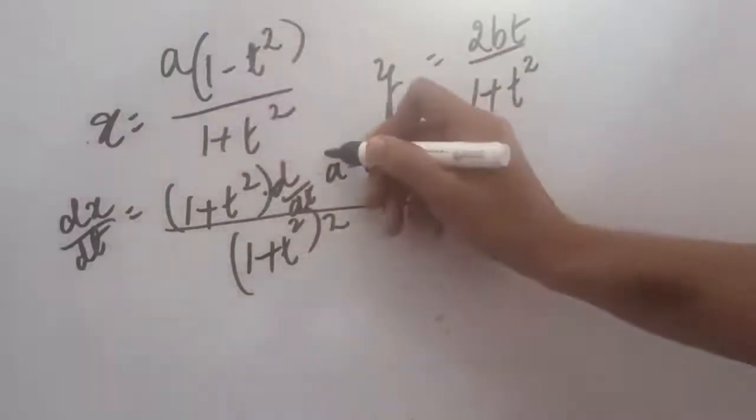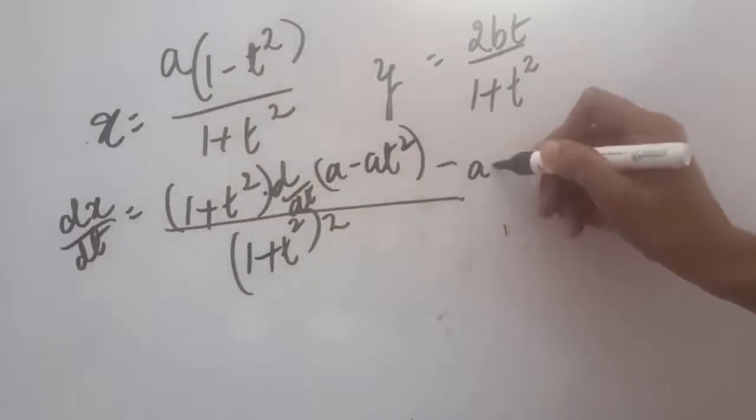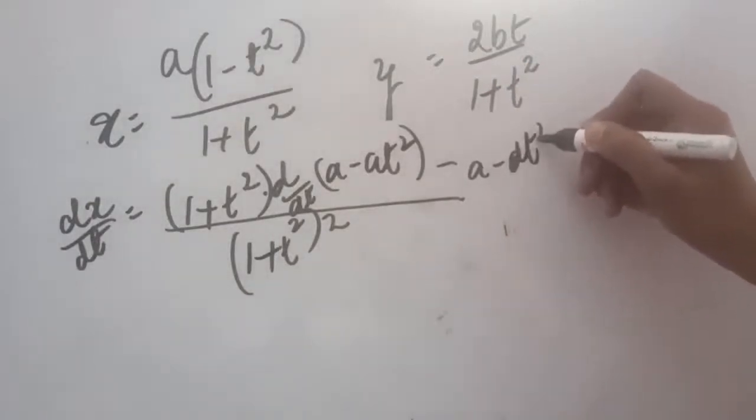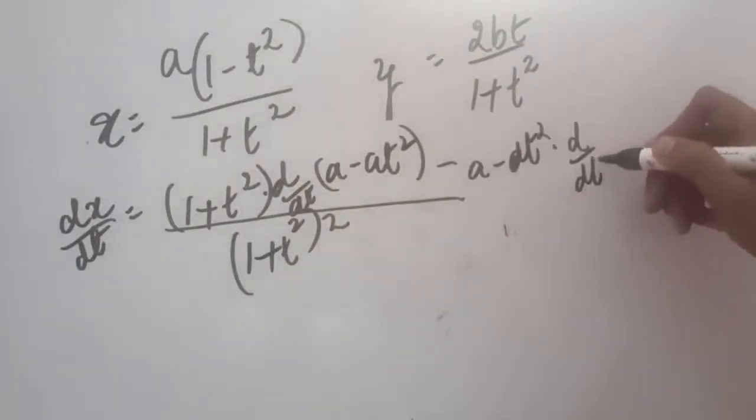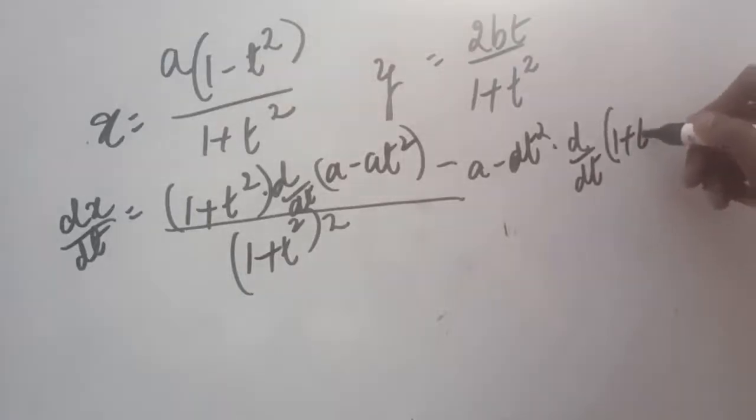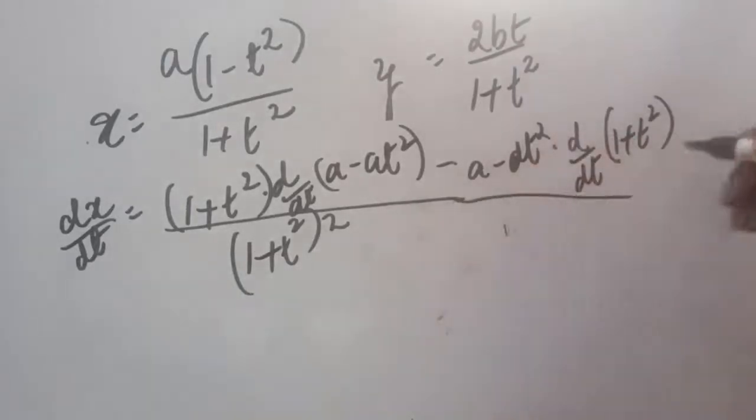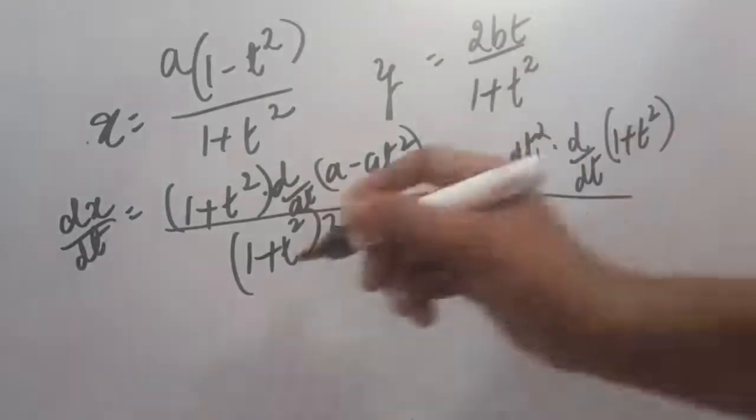This I have opened up, minus a minus at square into d upon dt of 1 plus t square. So here we have applied the quotient rule formula.